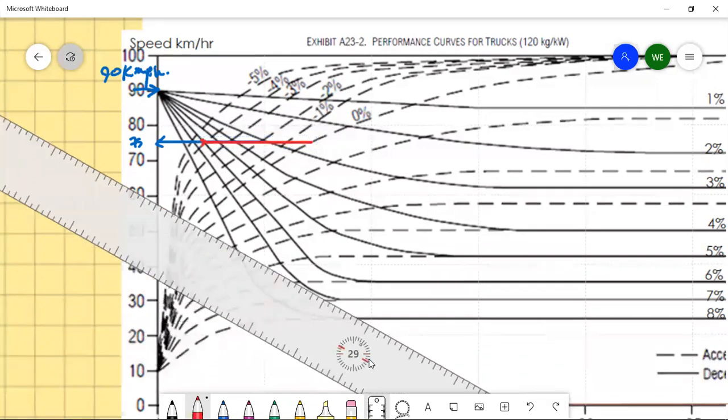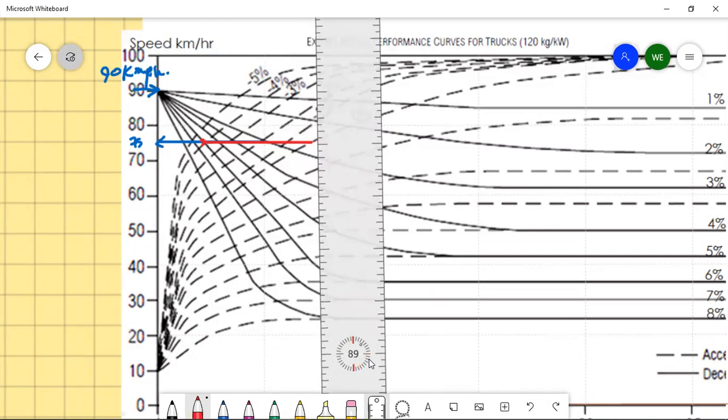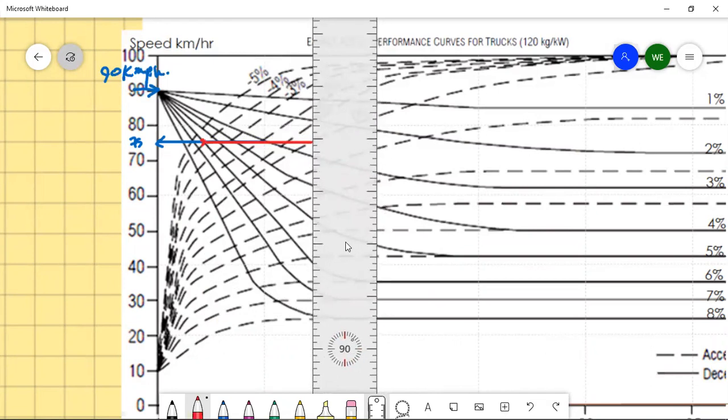So that means the exit speed will be, that's the line for the 6%. So this is going to be the exit speed. So the distance from here is going to slide this way, and that's going to be the exit speed right here.